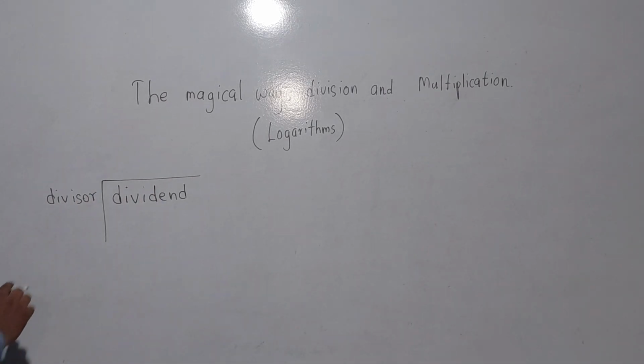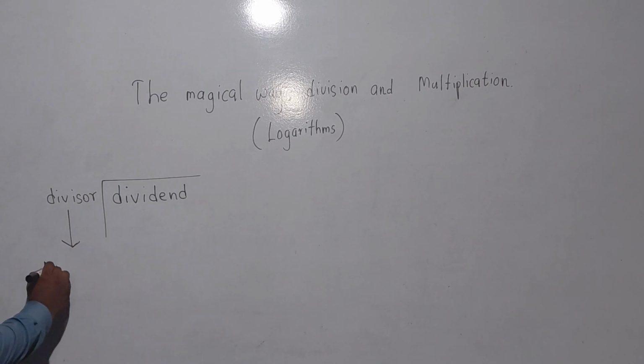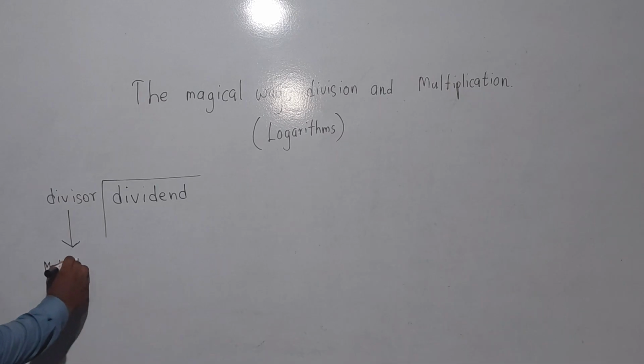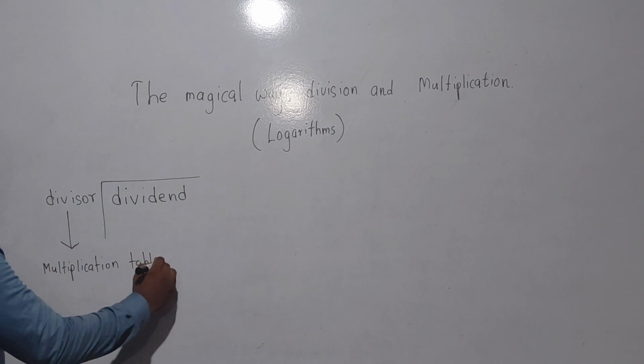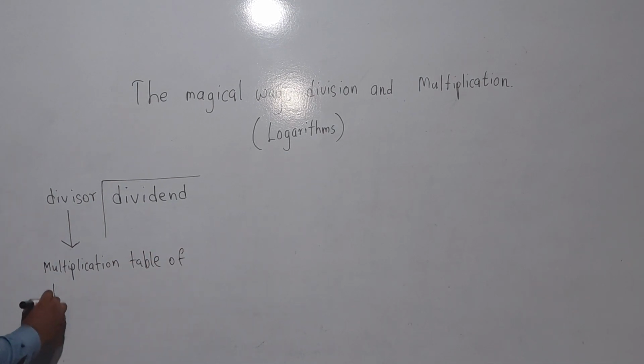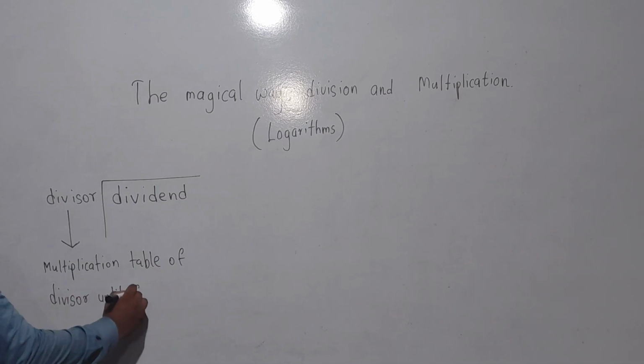In division, the thing I need to say is, if we need to divide properly, we must know the multiplication table of the divisor until 9 times.